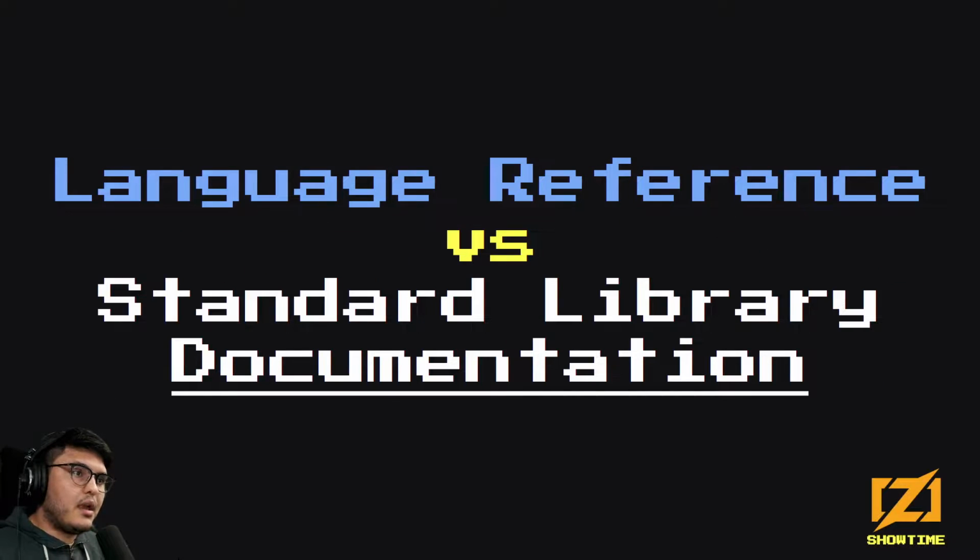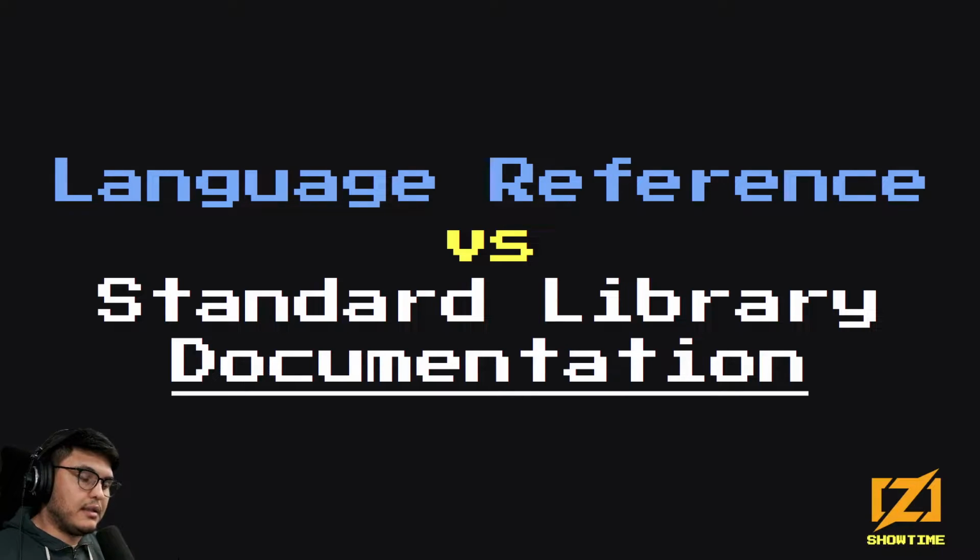First of all, there's a difference between the language reference and the standard library documentation. Zig has a, I think, pretty good language reference, which teaches you how to do all the basic stuff with the language.